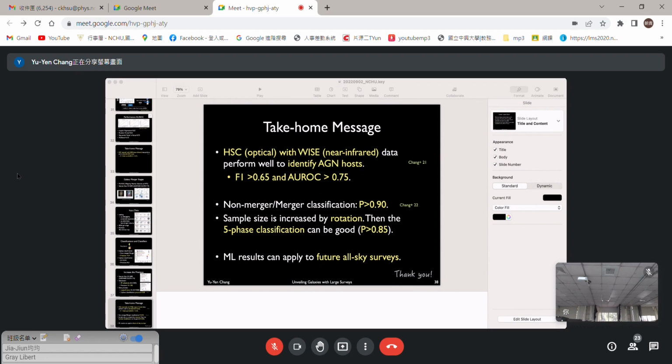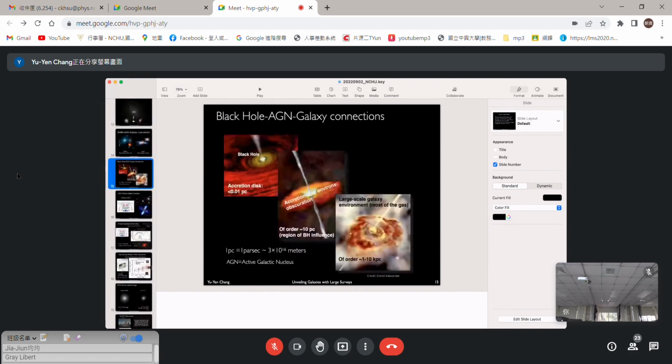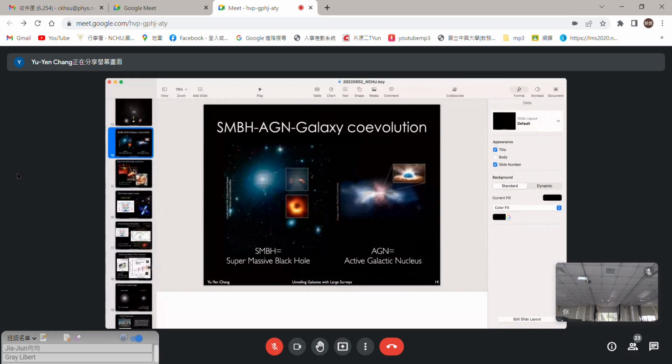You say black holes affect galaxy evolution. So can you simply describe or explain how black holes affect galaxy evolution or our future in the world?